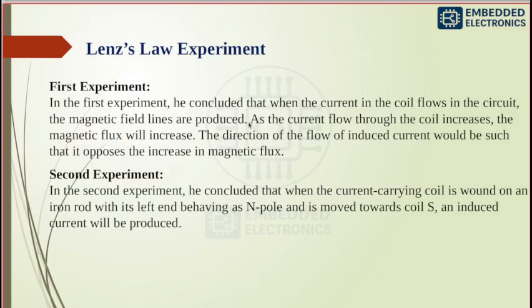And when the flow of current in the coil increases, the magnetic flux will also increase. The direction of flow of induced current will oppose the increase in magnetic flux. So this is about Lenz experiment 1.